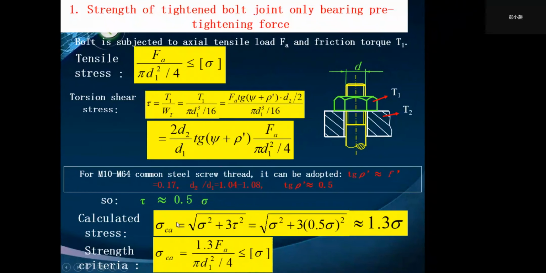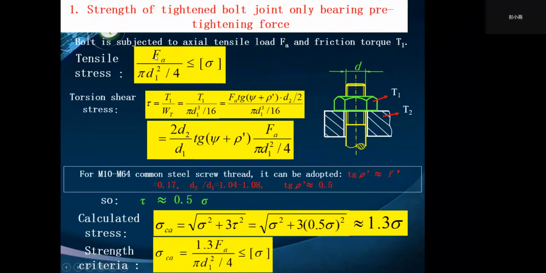So by the stress theory, the equivalent stress for a bolt subject to tensile stress only, sigma ca, is about 1.3 times sigma. So the strength criterion should be modified as this.